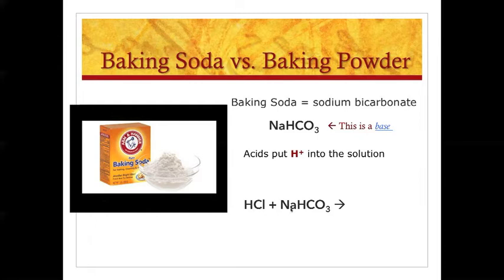So if we add an acid to a base, they both dissociate in water, and the chlorine ion and the sodium ion both are free. And if they're free to move about, they combine and basically make sodium chloride. Well, that's great. Now that leaves this hydrogen over here. Well, this hydrogen is going to react with this hydrogen, and in a very interesting case, this radical is going to break apart.